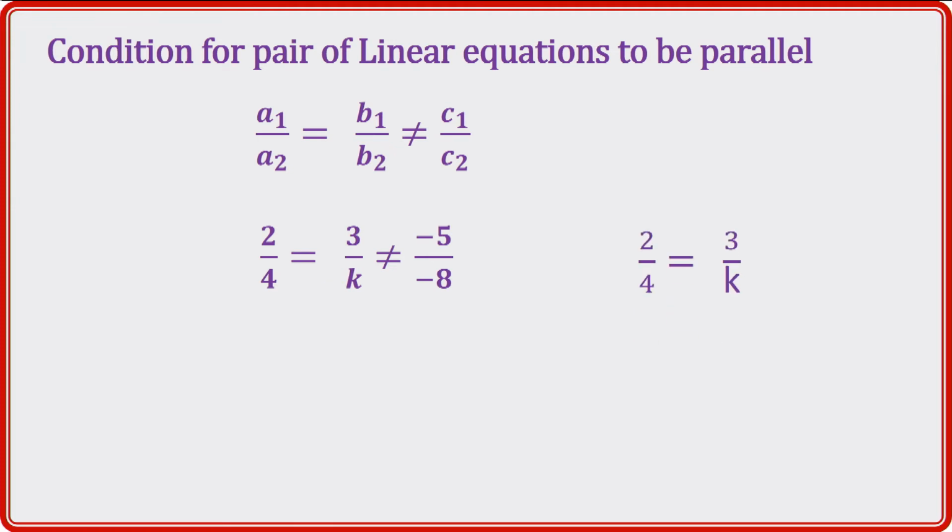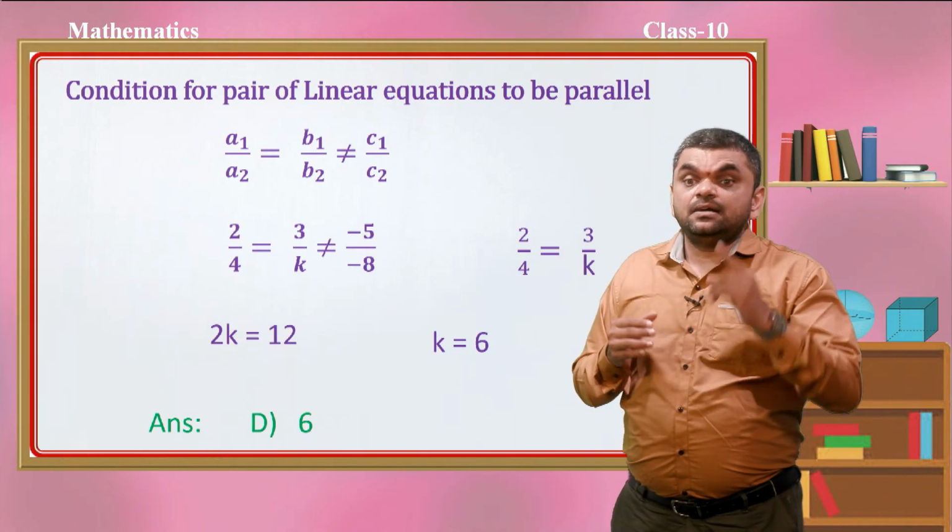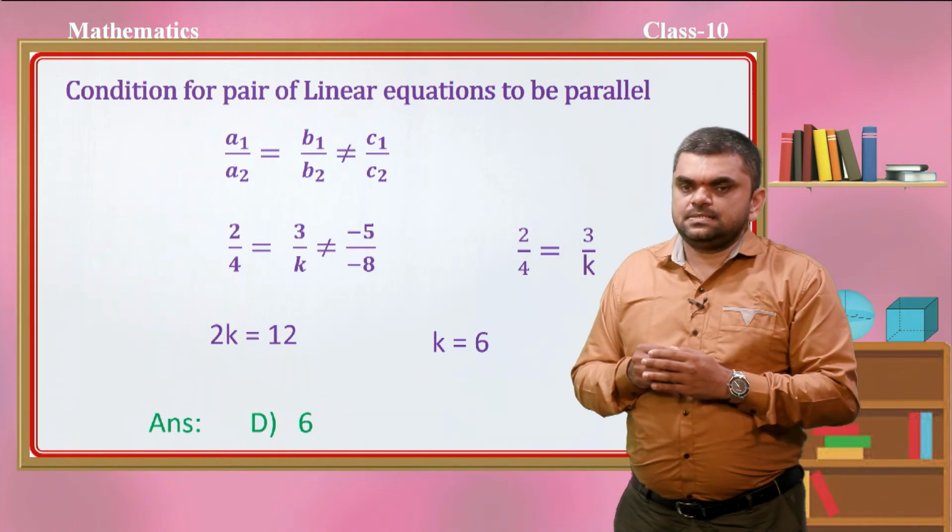So we consider only two ratios here, a1 by a2 and b1 by b2, because both are equal. When we cross multiply, 2 by 4 is equal to 3 by k, 2k is equal to 12 and k is equal to 6. We got the value k is equal to 6. So the answer is option D, that is 6.